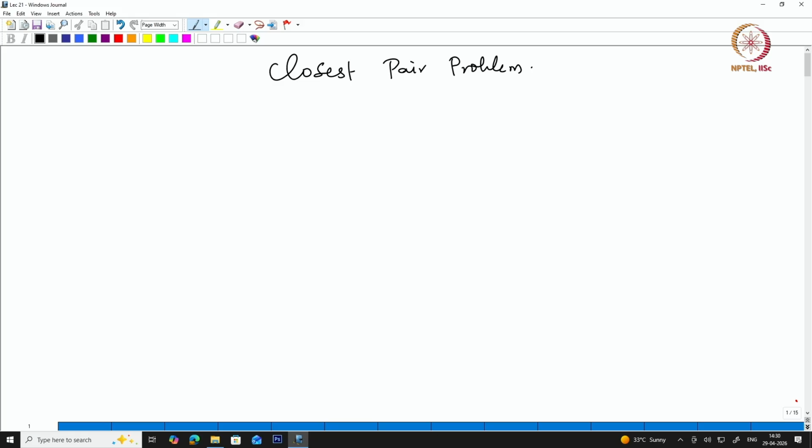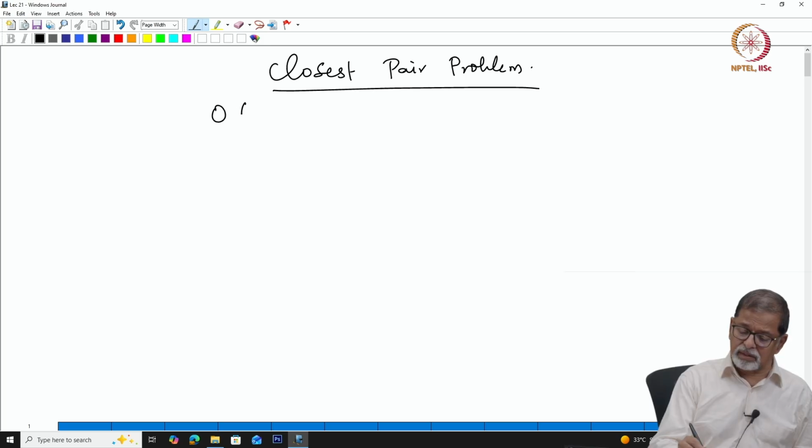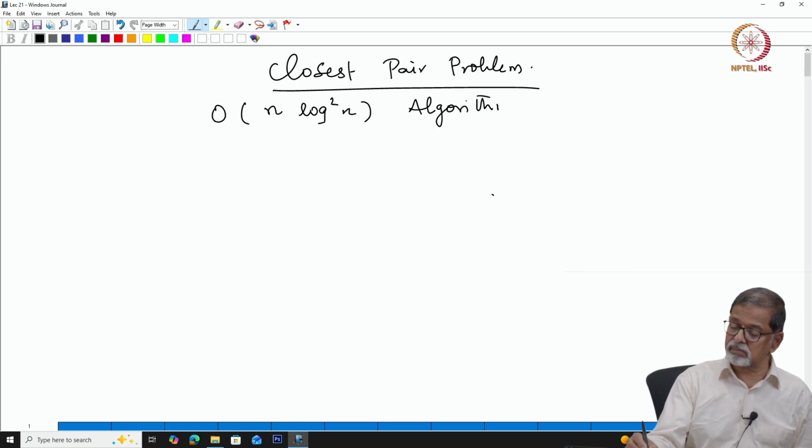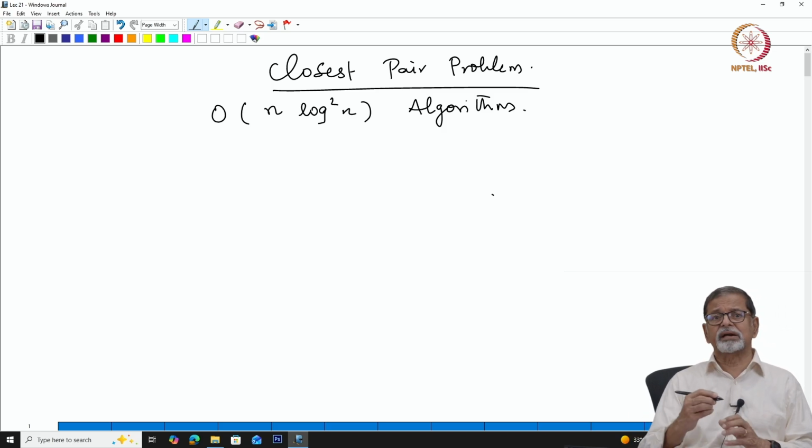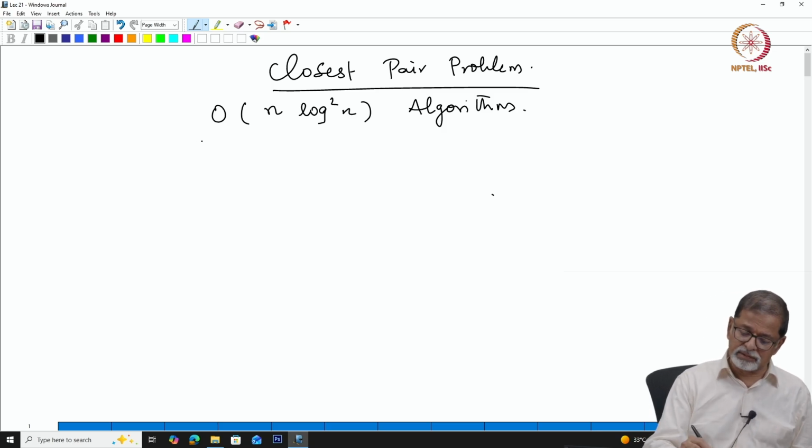Namaskara. In this session, we will continue our discussions on closest pair problem. We have already seen order n log square n algorithm. In that algorithm, we have done several clever moves to reduce the combining cost.